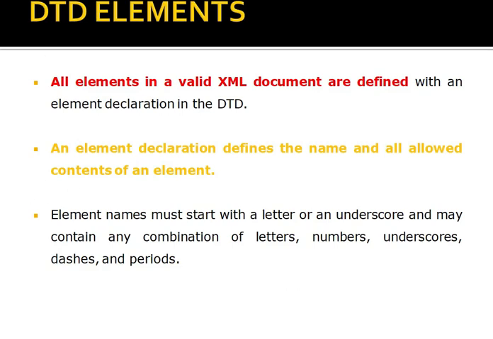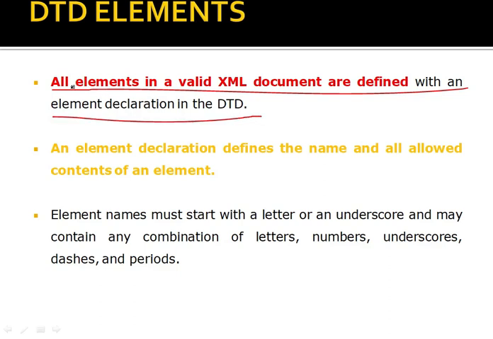Now we will discuss the DTD elements. So what is an element? An XML document can have elements, attributes, and entity references, as we have seen. All elements in a valid XML document are defined with an element declaration in the DTD.